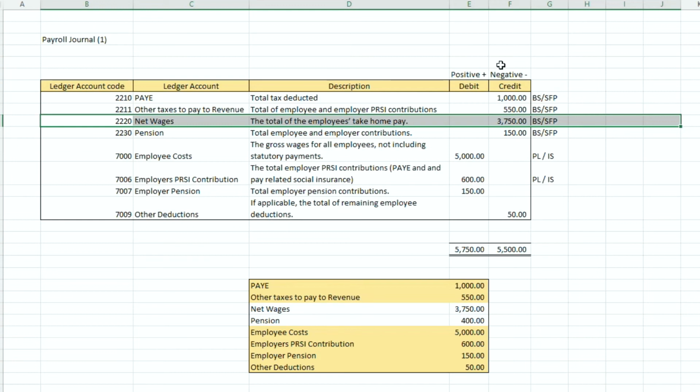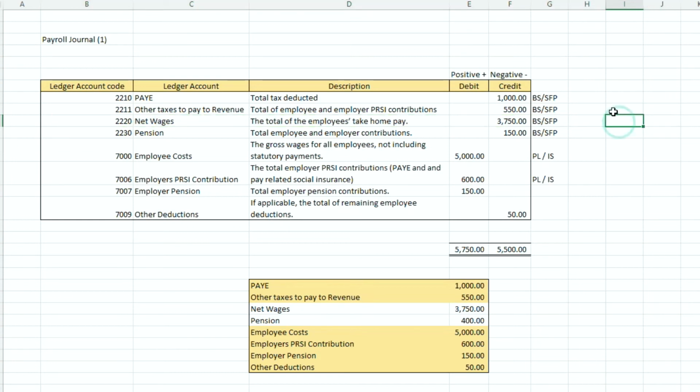And once that payment is made, it's going to be a credit to the bank and a debit to net wages. So what you should see if you're looking at a set of accounts is that every month that net wages total should go back to nil, unless there are wages due to employees that haven't yet been paid, which shouldn't really be the case because they'll be paid either monthly or weekly, so it should clear itself down weekly or monthly.